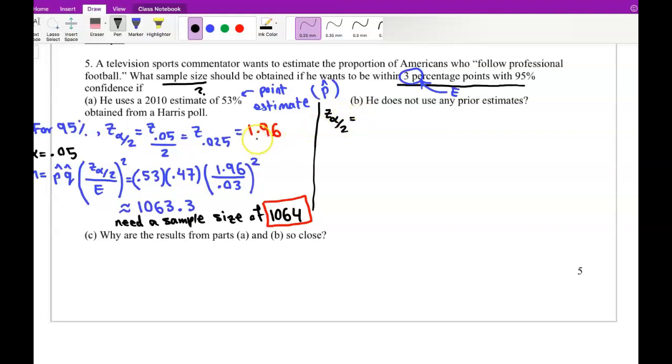Z again is 1.96, and p hat q hat is 0.25, because we don't have any information about p hat.